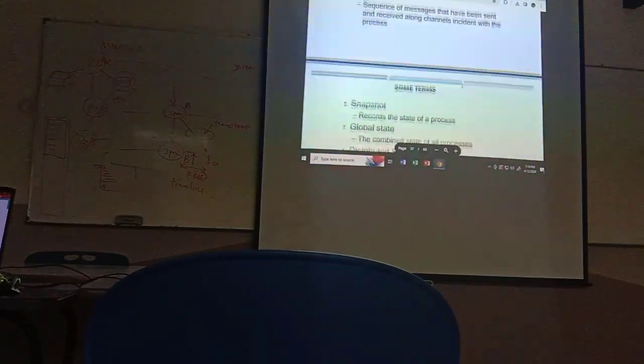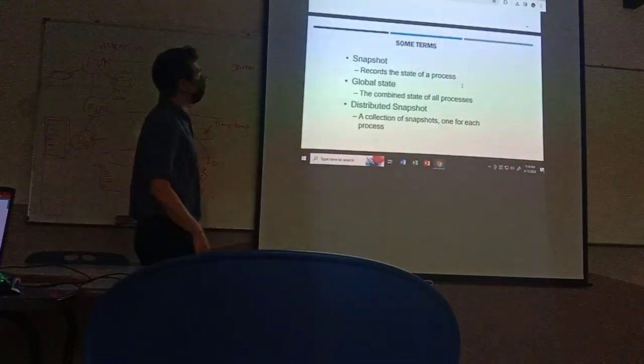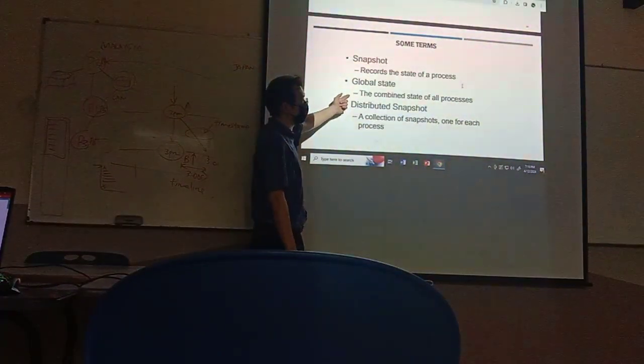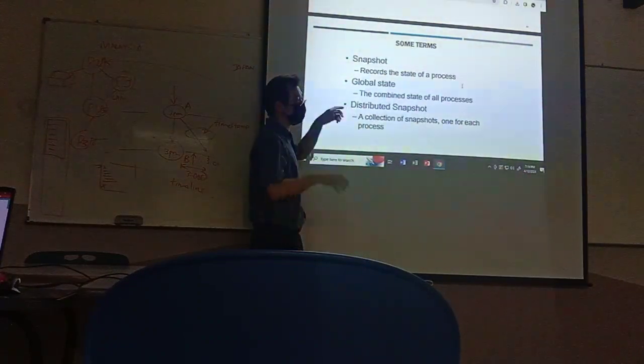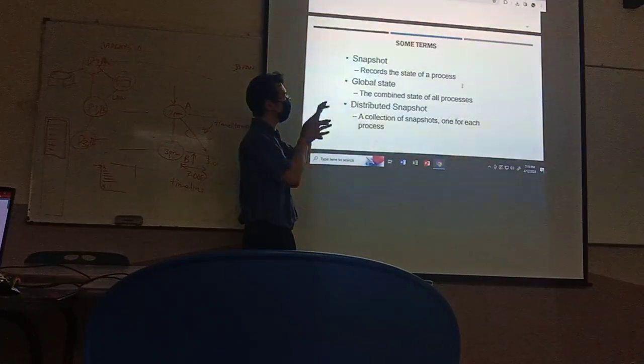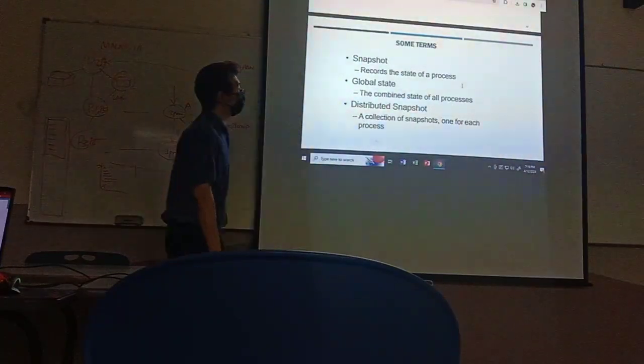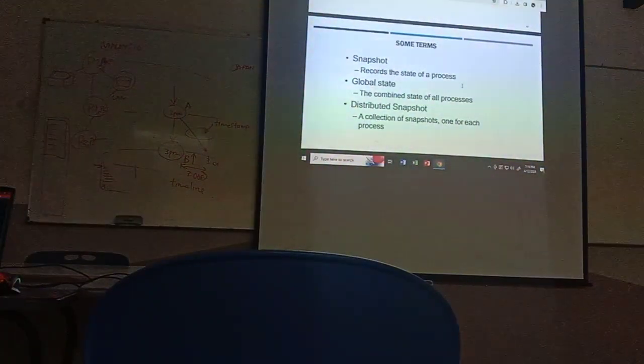Okay, I will not go into this, and these are ways to actually overcome it. So you take a snapshot, and then you have a global state to keep track of everything that is happening. And when you distribute the snapshot, you must make sure that all those problems that I mentioned are taken into consideration, and then you adjust yourself to make sure that the process is done without causing any issue to the bank, for example.